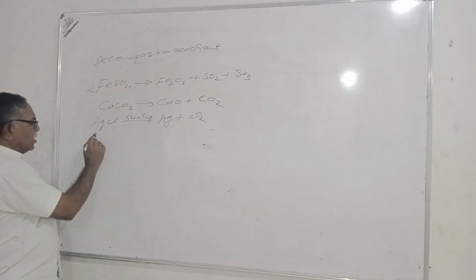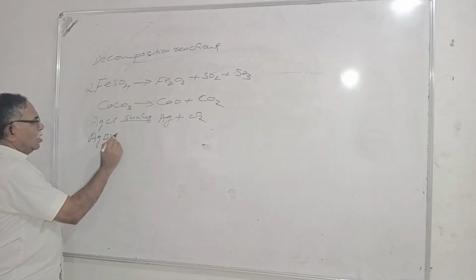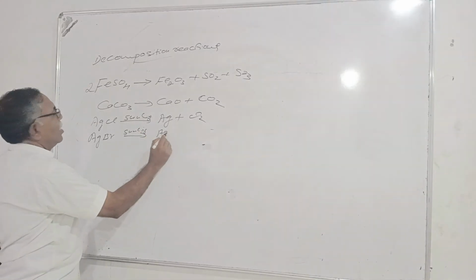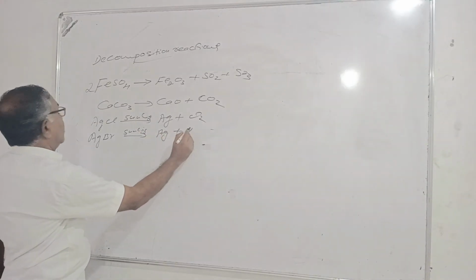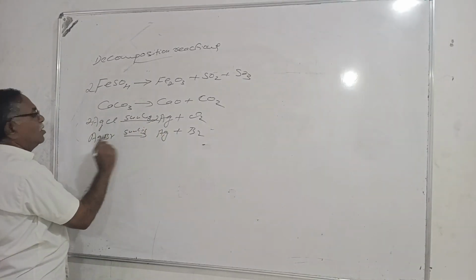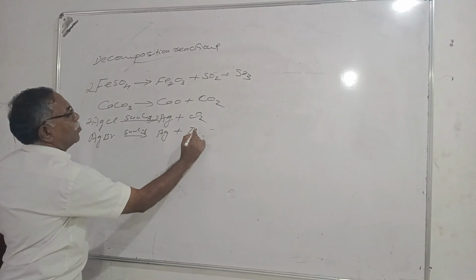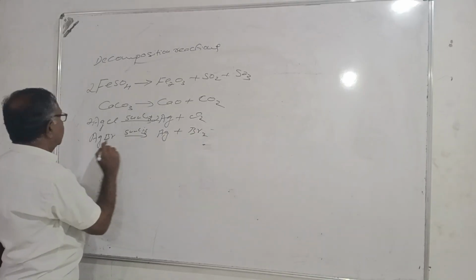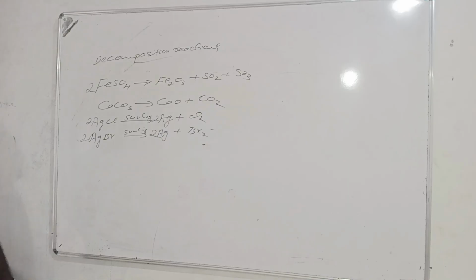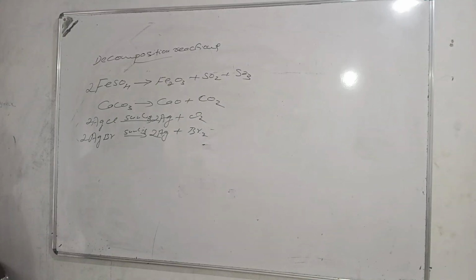Similarly, silver bromide also decomposes in the presence of sunlight into silver and bromine. Not balanced, it is also Br2. So these are examples of decomposition reactions.